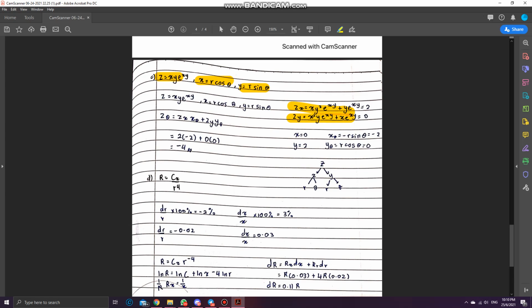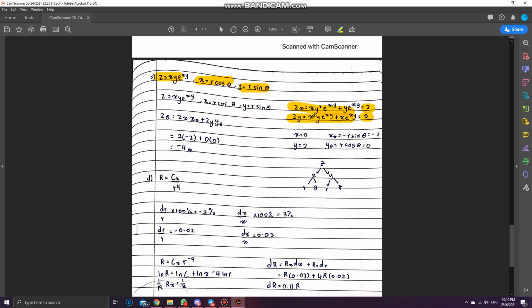And we substitute r cos theta inside of x and r sin theta in y. The question also gives us that the value of r is 2 and the value of theta is pi over 2. So if we substitute r and theta in x and y, we will get that z_x is equal to 2, z_y is equal to 0.